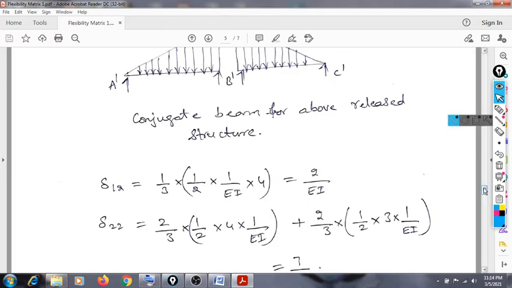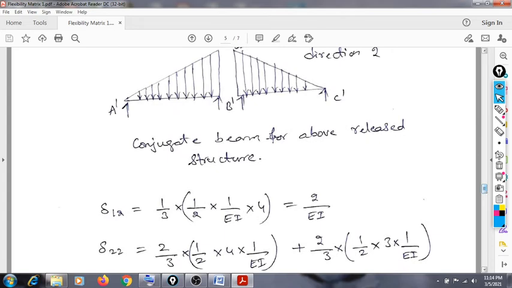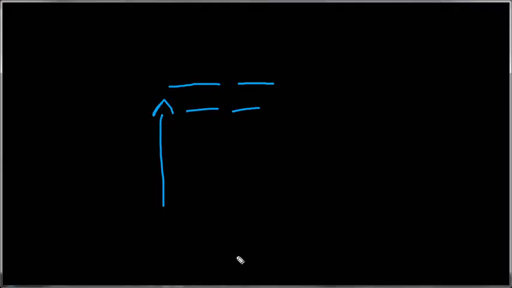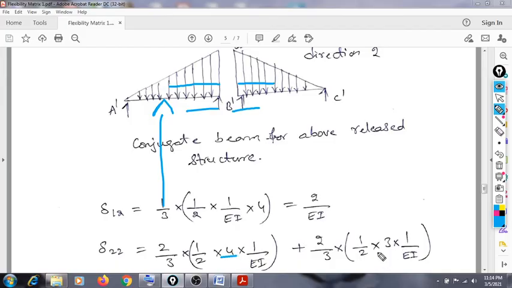If we consider this diagram in A'B', we are taking only this, right? And for delta 22 we are considering in this fashion and also in this fashion, right? From here 2 by 3 and also from here 2 by 3. These are the lengths: we have length 4 here and 3, right? So this is how we do it.